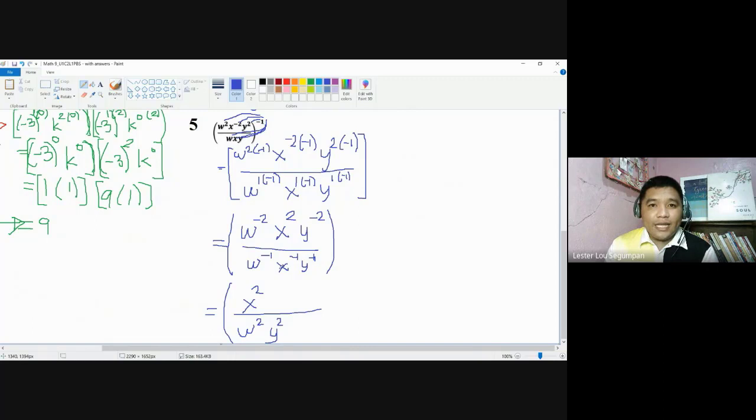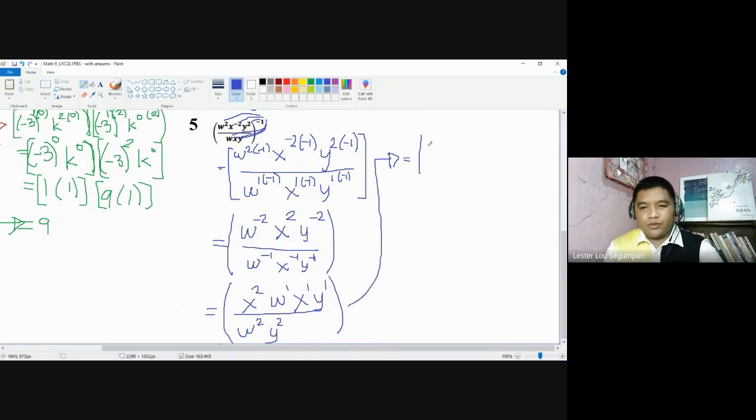As for the items in the denominator, supposedly W is here, but we need to move it up to make it positive, as well as X, as well as Y. Okay, I'm placing it here first. So this will be continued as, right? You will have this expression, sorry for that, you have X squared W X Y all over W squared and then Y squared.